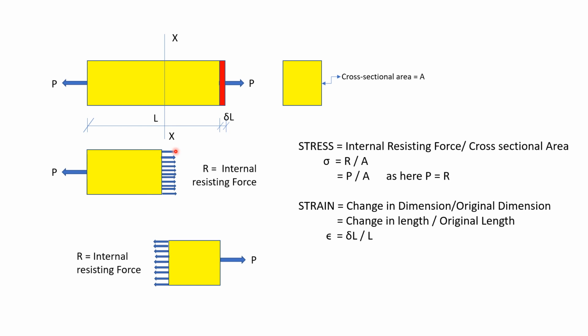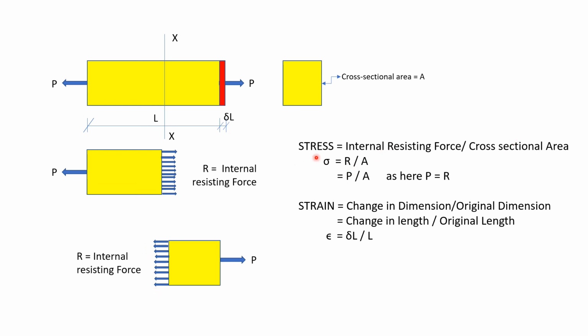It may not be very uniform, but we assume it to be uniform. The total internal resisting force is R, which is developed within the body and resists this force P. If I take the right hand side of the section, this is the force P applied, and here I am showing the internal resisting force.